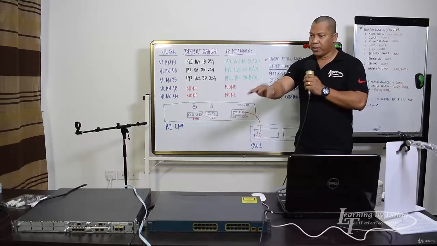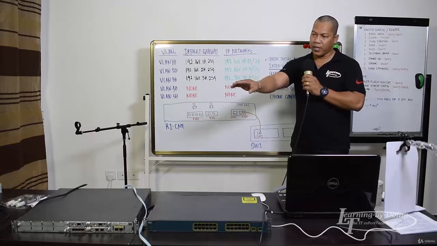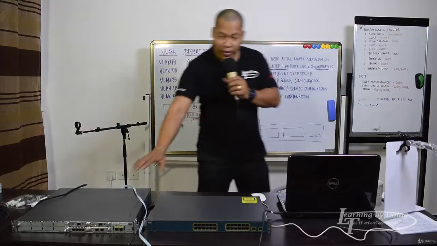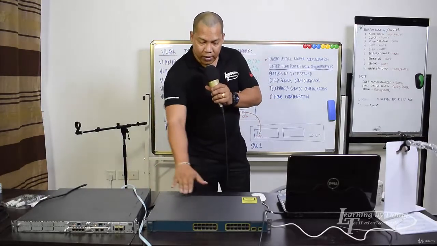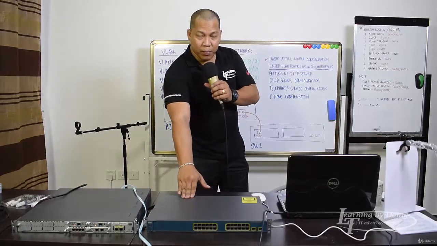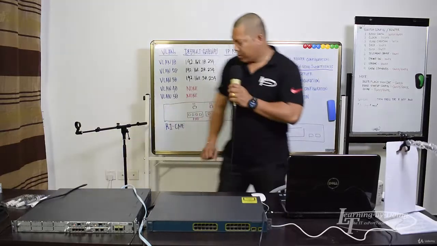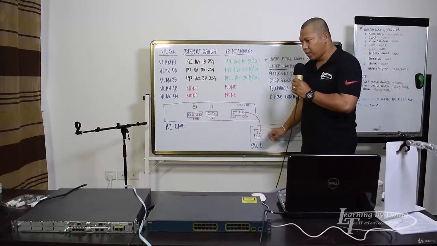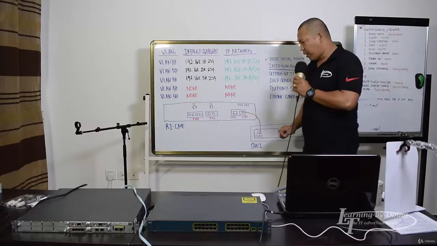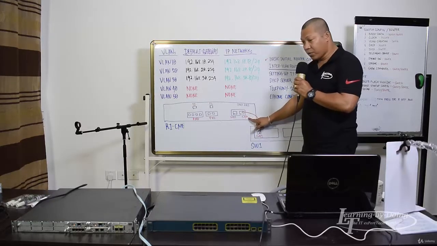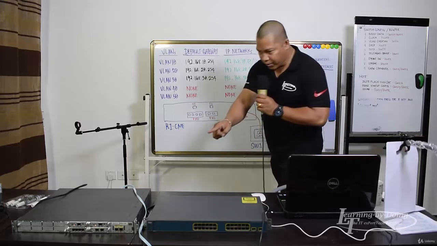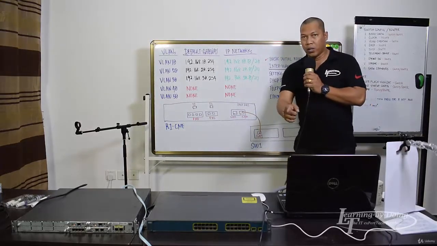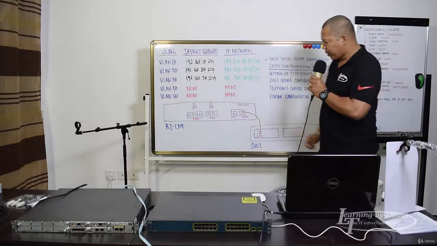On the right-hand side, we have a Cisco 2811 router and a 3560 Power over Ethernet switch. We are going to connect them together using a straight-through cable from FA0/0 of that router to FA0/1 of our 3560 switch.